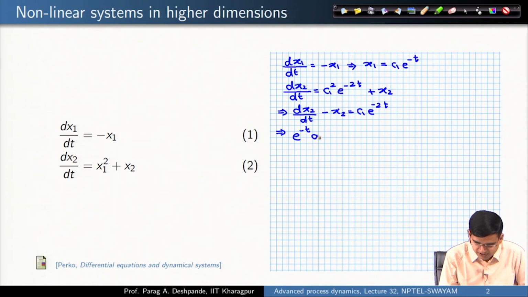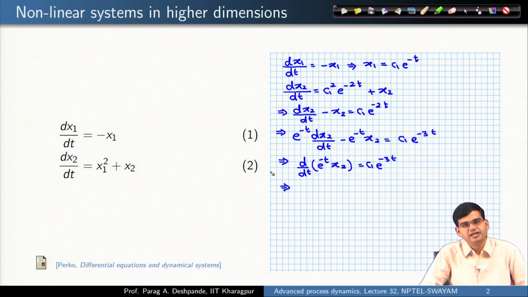So, e to the power minus t dx 2 by dt minus e to the power minus t x 2 is equal to c 1 squared e to the power minus 3 t, from where I can write d by dt of e to the power minus t x 2 is equal to c 1 squared e to the power minus 3 t, and now I will do an integration.